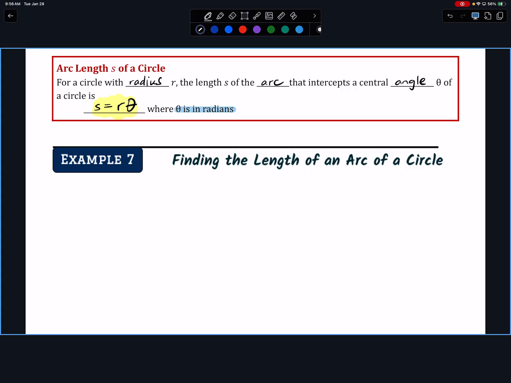All right. So a couple problems using this.